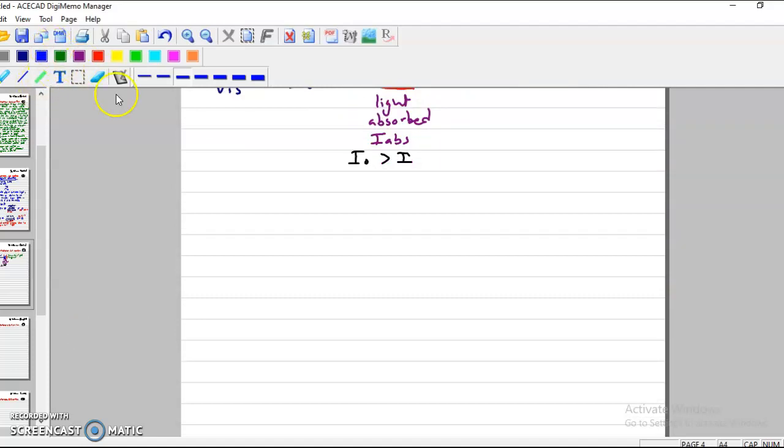Okay. Now, due to absorption of UV visible light, what happens? Let us see this.